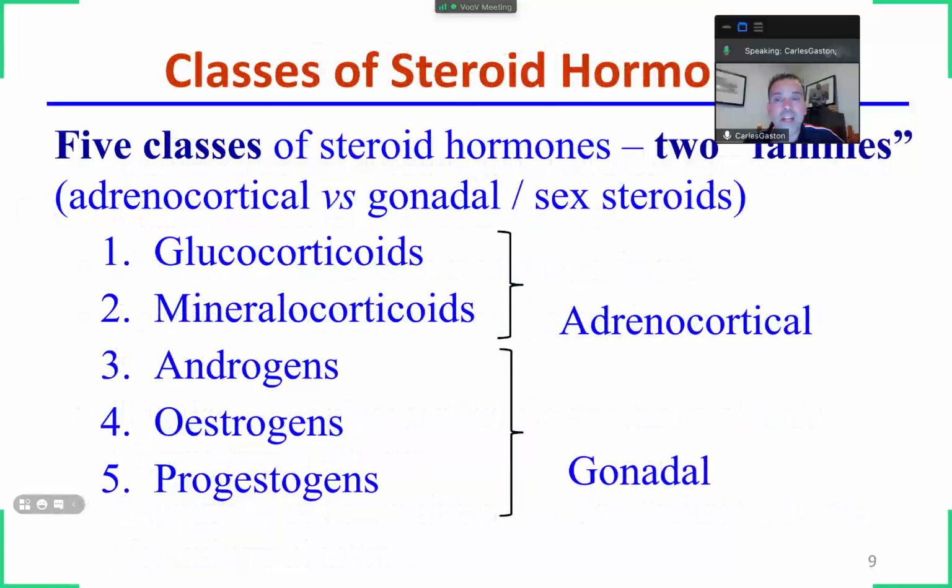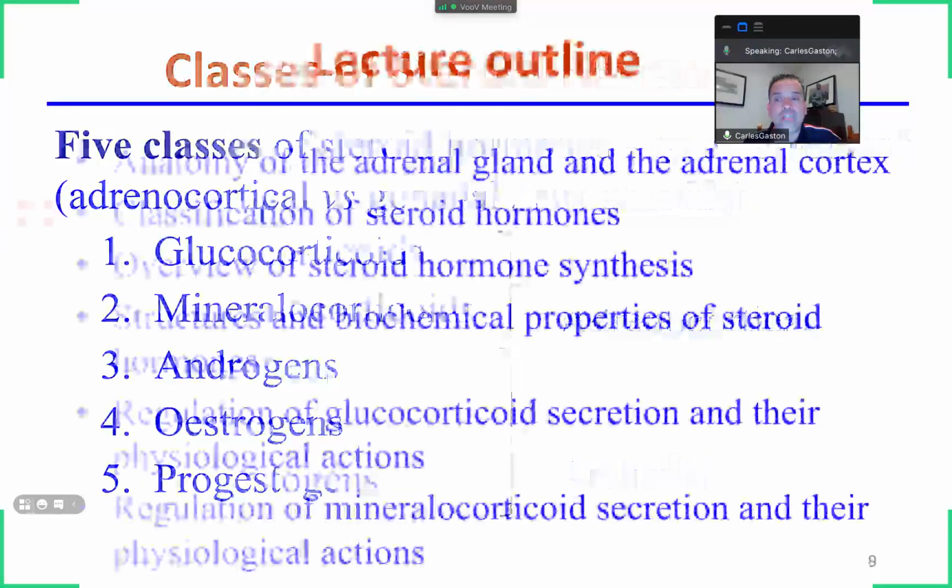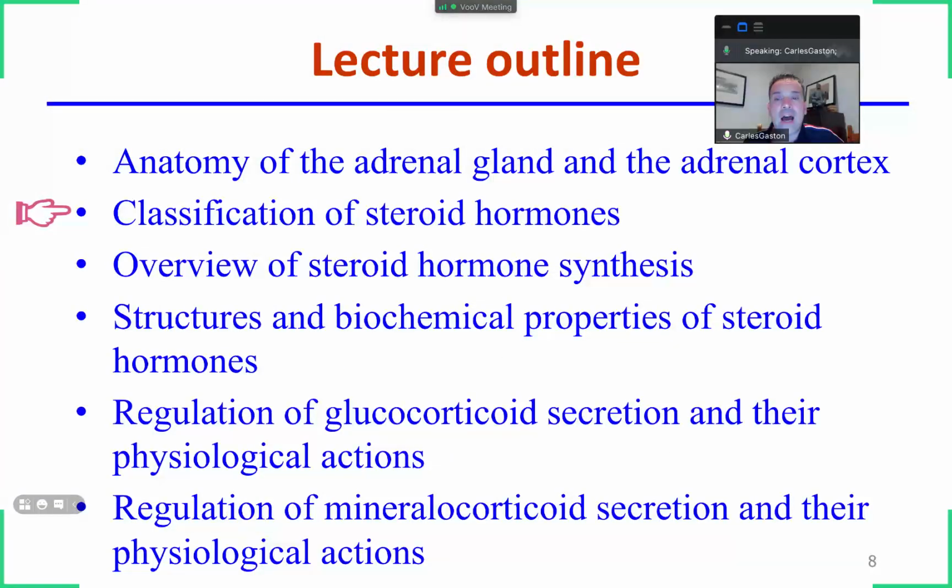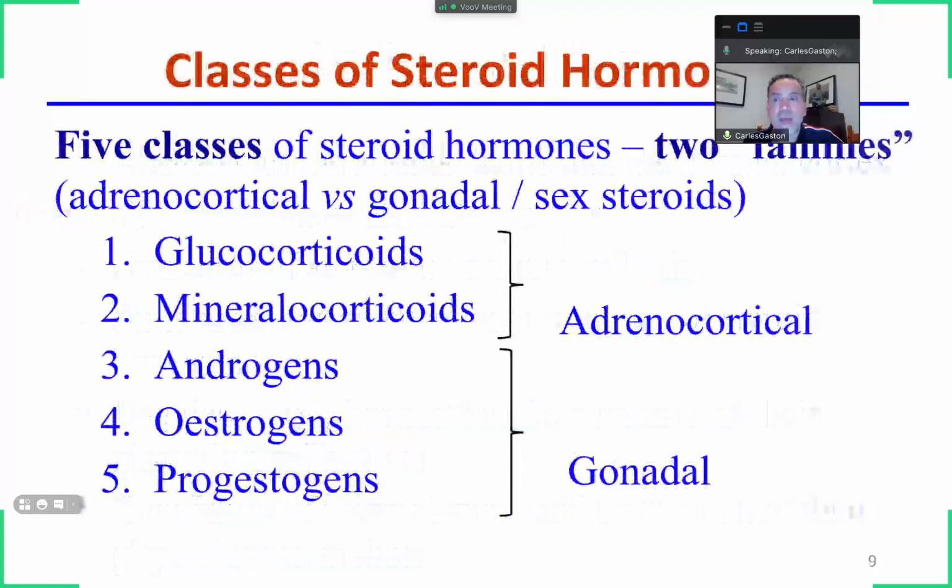But what we need to do is the classification of the steroid hormones, which are the ones that it produces. The steroid hormones are classified into 5 classes of steroids and 2 families: the adrenocortical steroids and the gonadal steroids.